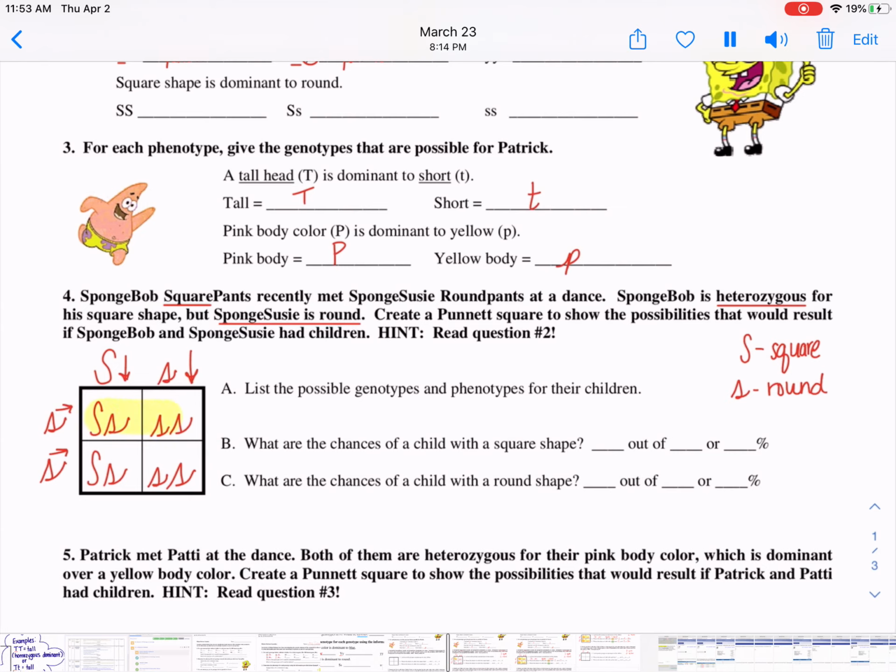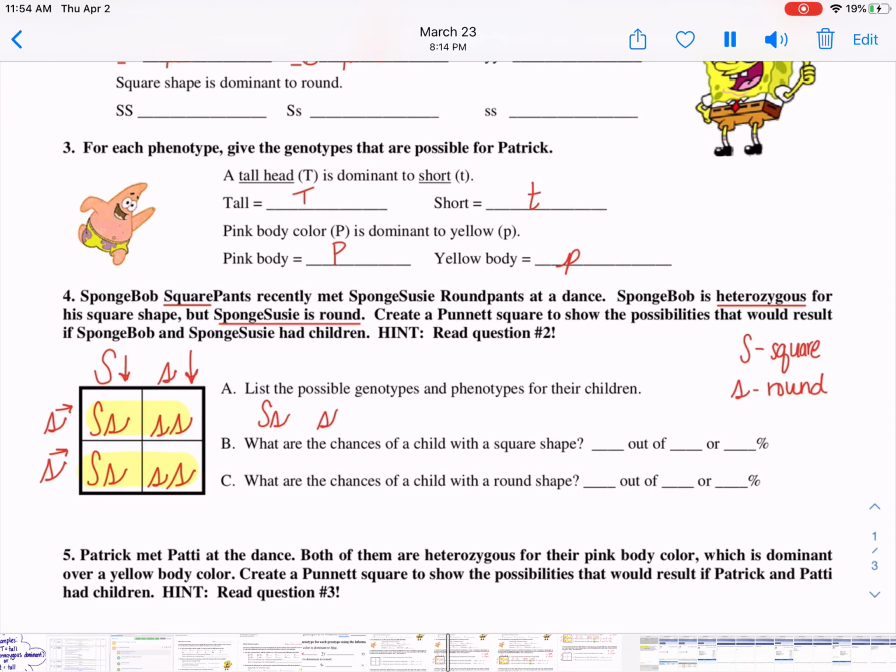The children are what's found in the inside and the inside only. Because again, a Punnett Square shows the probability of children. So possible genotypes, big S and little s is 1, because you get one from mom and one from dad. They got the big S from SpongeBob and the little s from Sponge Susie. And then the other possible genotype is going to be little s, little s.